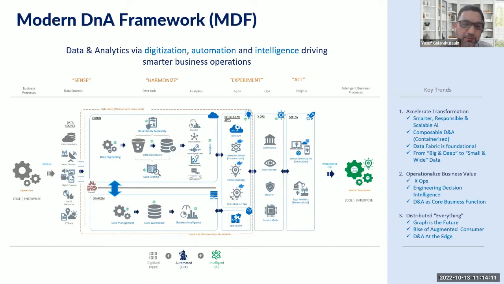Now, it's not just enough to modernize, but in today's world, it is extremely important to accelerate your modernization. The reason being that the critical factor is time to value and time to market. How quickly can you put technology to work to achieve your business value is the key.